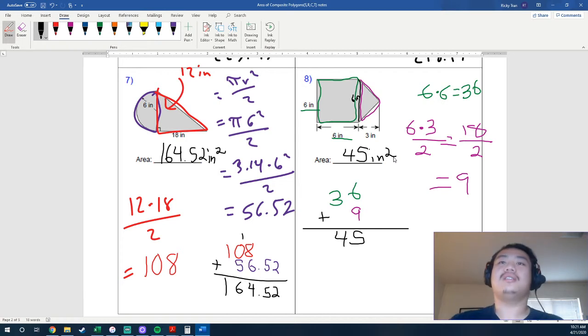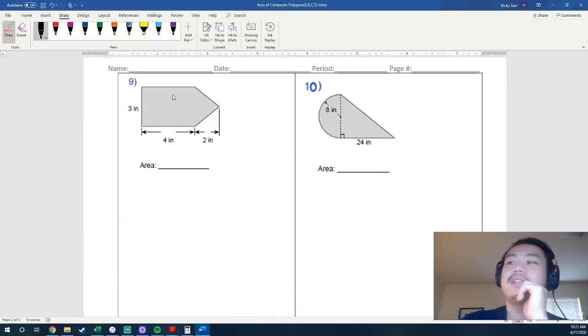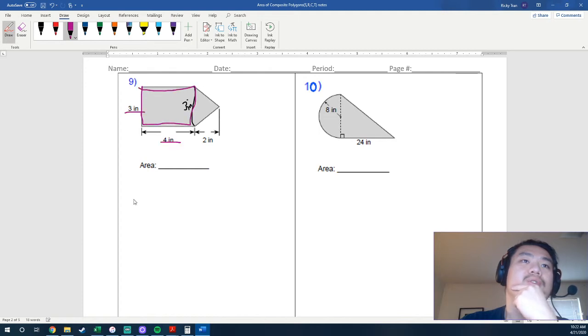All right, let's keep going. Number 9. Okay. Number 9 is, again, a similar problem. So we're just going to split it right here. Okay, this is 3 inches. So finding the area of the rectangle, 3 times 4, which is 12.